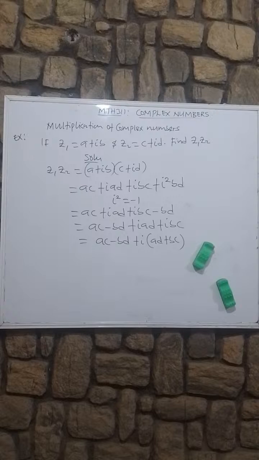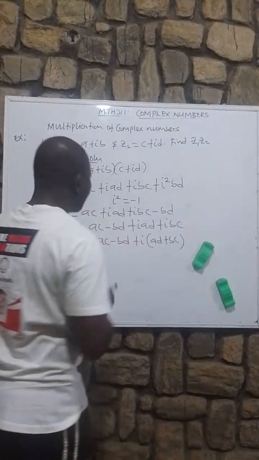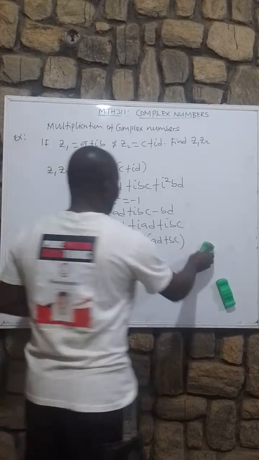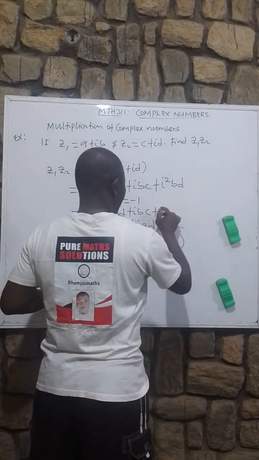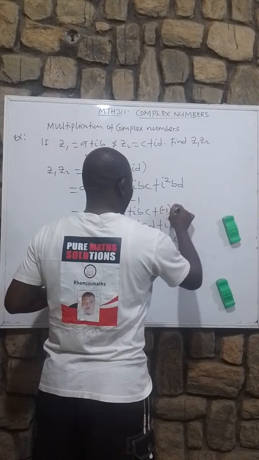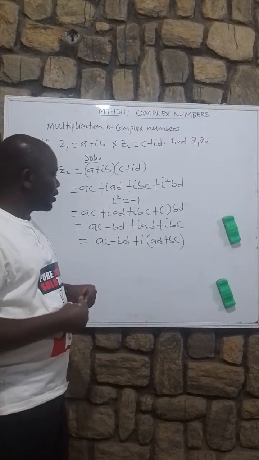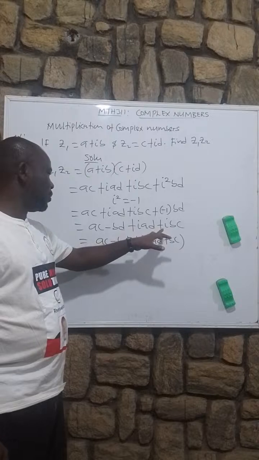Yeah, i squared is minus 1 now. I squared, look at it. Look, i squared is minus 1. Oh, you want me to write it this way? Plus minus 1 times BD. Is it not the same thing? By the time you use this to multiply, here will be what?